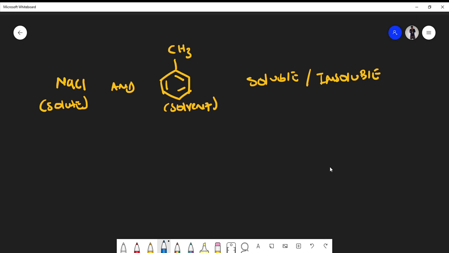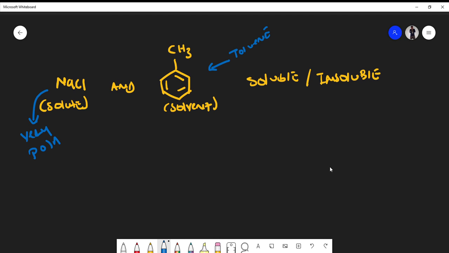Now, if you look at this structure, which is what we call toluene, an organic solvent, we don't see any hydrogen bonding, no ionic forces, right? This is just purely hydrophobic. And so this structure, toluene, is hydrophobic, whereas sodium chloride, we would say is very polar.